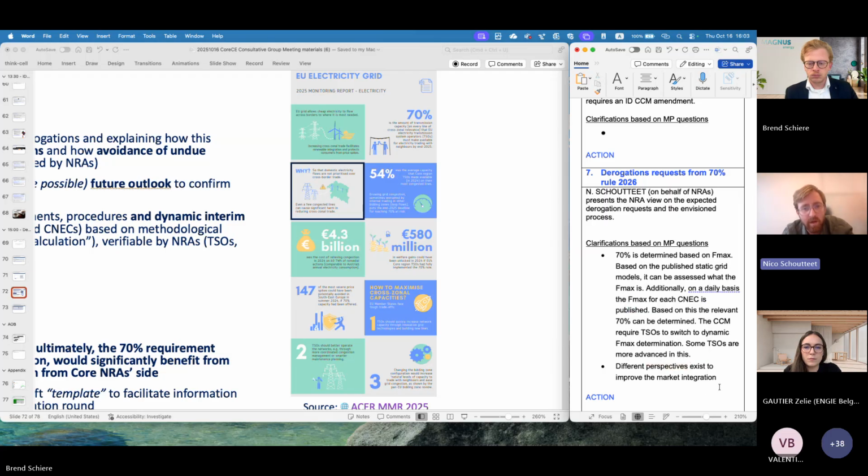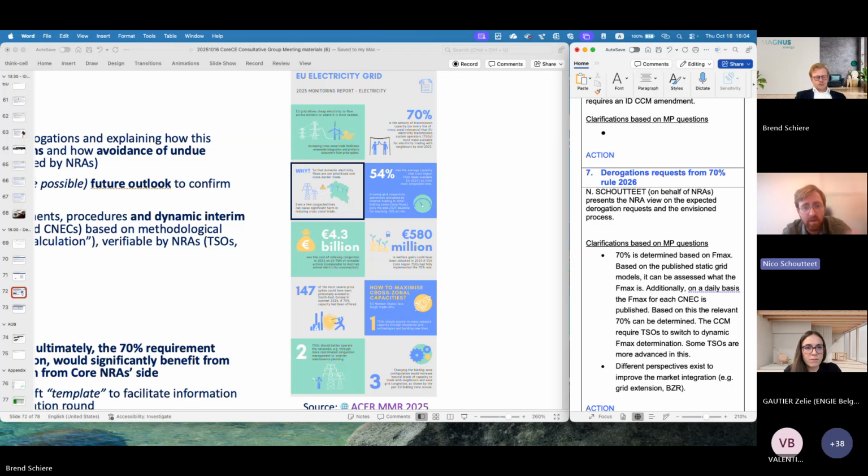We have elements linked to quite medium-term solutions. The bidding zone review, for example: if you observe structural congestion, you should assess that. You should consider alternatives such as splitting large bidding zones, merging smaller ones. That's one part.